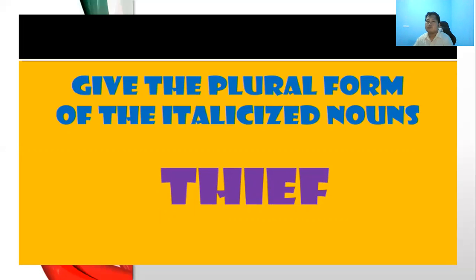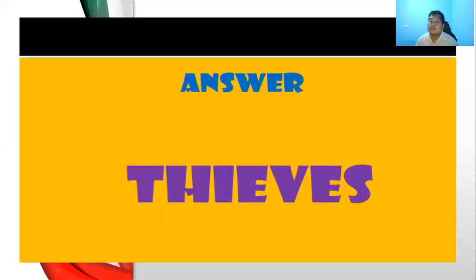Next word. Thief. Okay. You have 5 seconds. Give the plural form of this word. Five, four, three, two, one. The answer is thieves. Now we have changed f to v in this word.